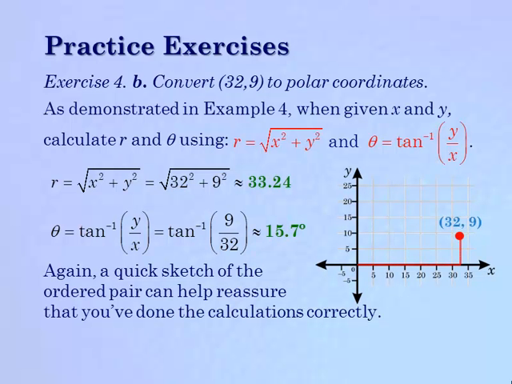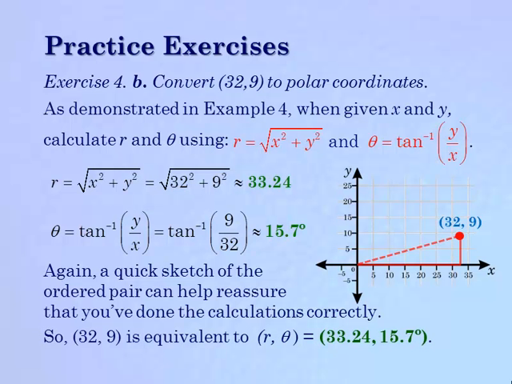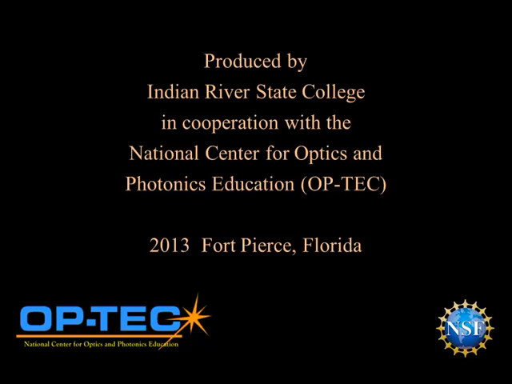And it looks like the r value is going to be about 33, a little bit longer than 32, because that's the longest side of that right triangle. And it looks like we're up at a small angle, about 15, 16 degrees. So that seems like it works. So we're confident that we've done our calculations correctly. So (r, theta) is in fact 33.24 and 15.7 degrees.